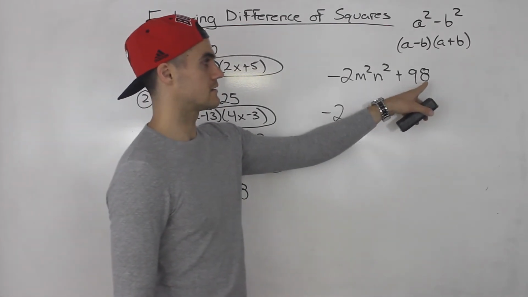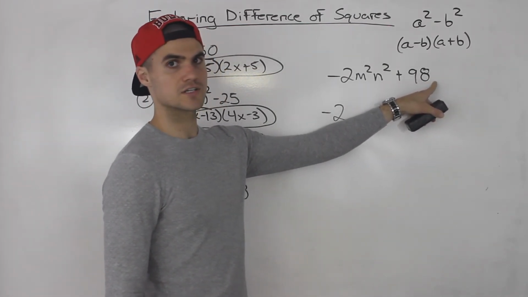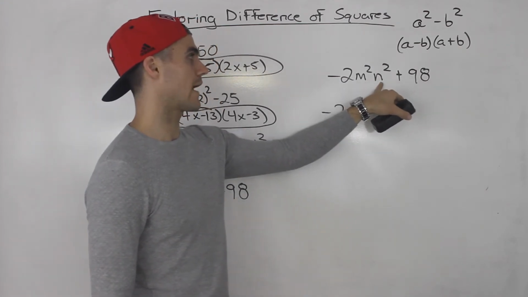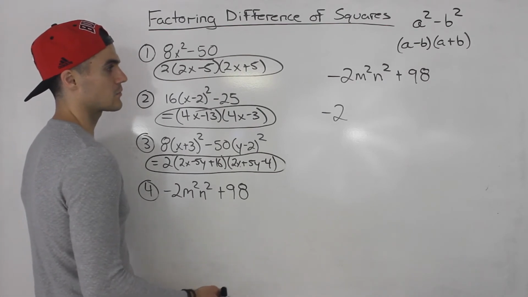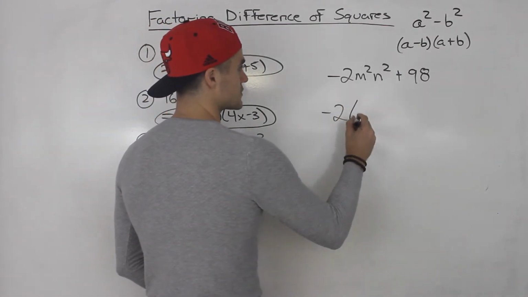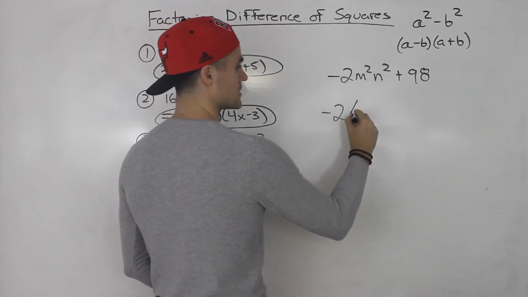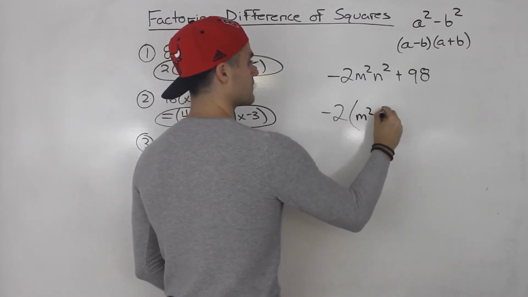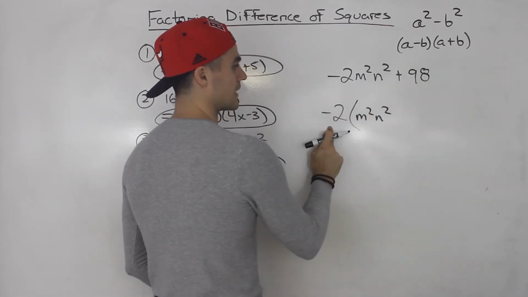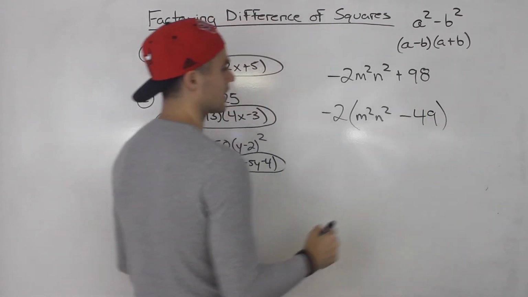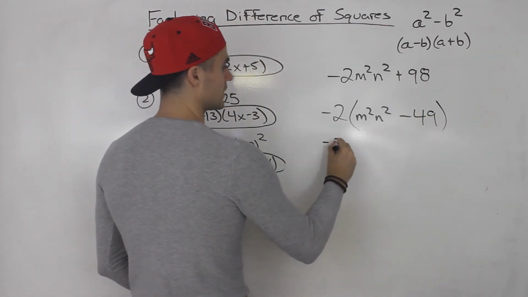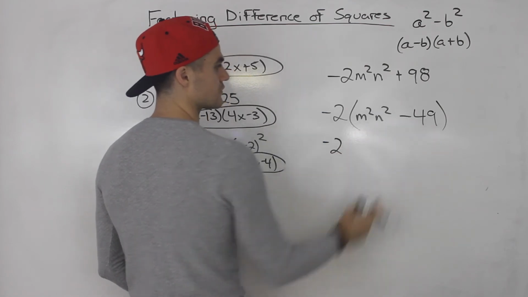And notice that this expression doesn't contain any m or n variables, so we can't take that out, but we can take out a number. So we're taking out a negative 2. If we take out a negative 2 from this, we're just left with m squared n squared. Then positive 98 divided by negative 2 gives us minus 49.